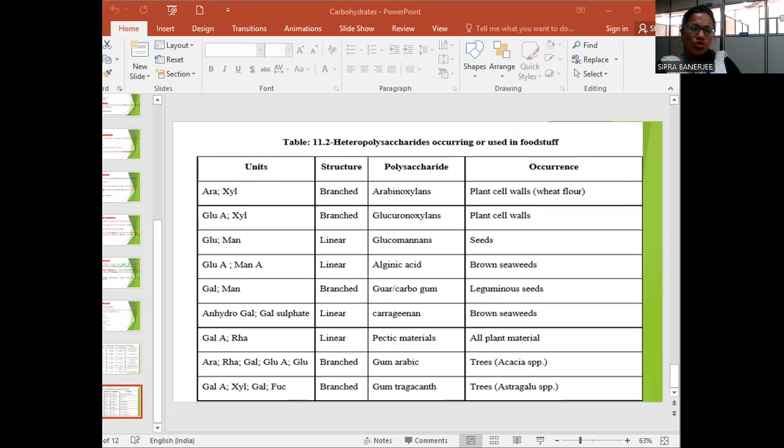Two glucose units are joined together, and one hydroxyl group from one glucose and one hydrogen from another glucose combine to produce water, and it forms a glycosidic linkage. So glucose plus glucose forms maltose. The two glucose molecules are joined together with a single oxygen atom, forming the disaccharide.